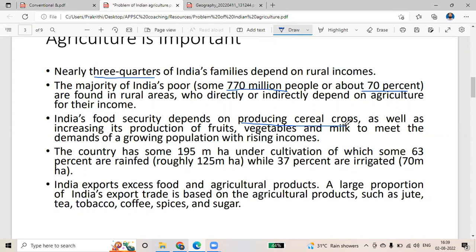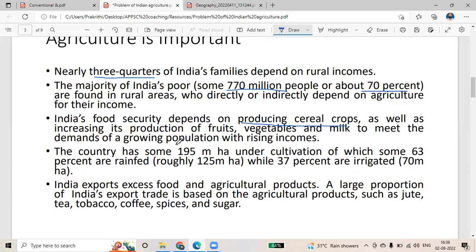So improvement in agriculture production is very much required. Suppose I have 100 rupees in my hand and I don't have food for one or two days, then it is of no use. This 100 rupees is of no use. So food security is one of the basic requirements of human beings, and that is being provided by agriculture.